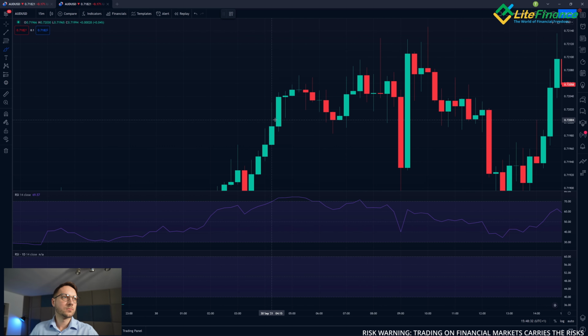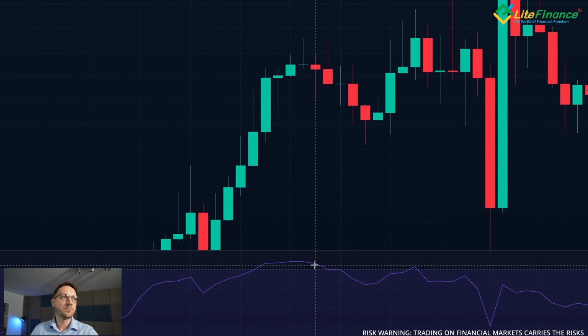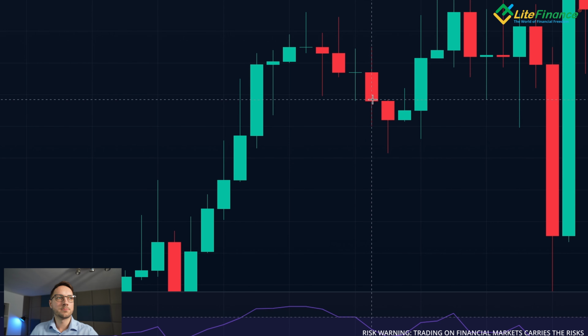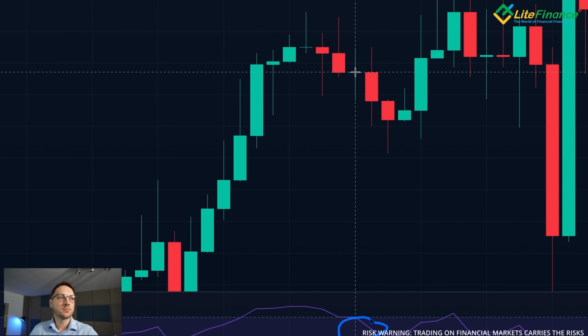So we crossed the 70 line over here on this candle. This red one was still above and still on the borderline, we can say, and yet on the closing of this candle, we went back inside the channel. So we are entering at the opening of this candle, which is over here. So let's mark the short trade.